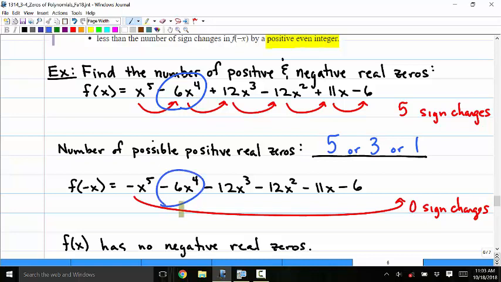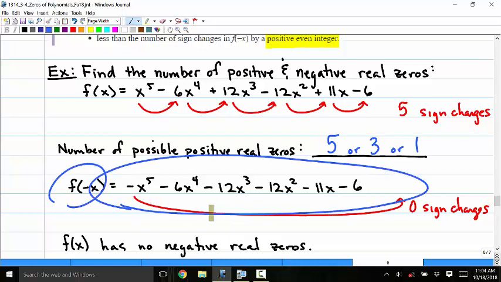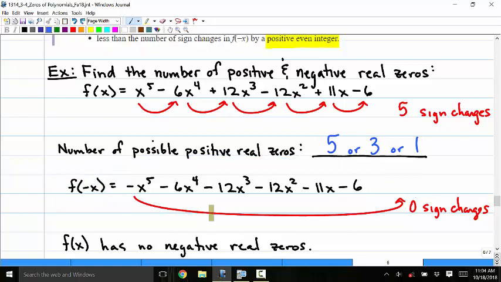So that one does not change signs. But if you plugged negative x quantity cubed in, that would change to a negative 12 x cubed. Okay, when you look at the f of negative x, how many sign changes do you see? None. That means Descartes' rule of signs says there are 0 negative real roots.